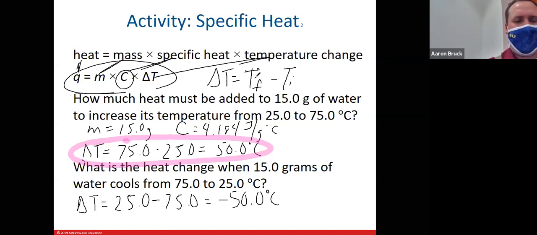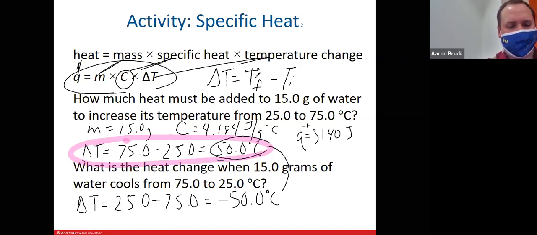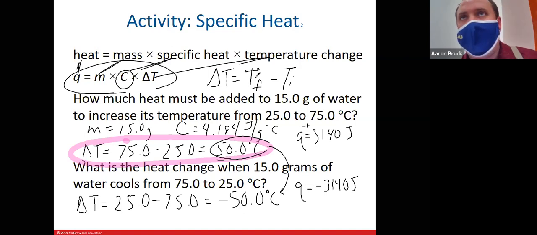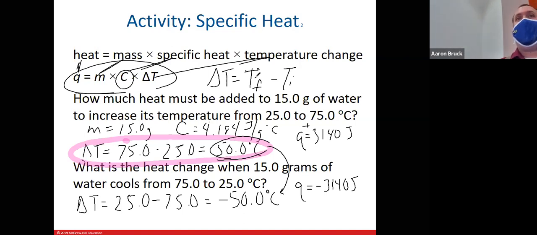which if this Q value was 3,140 joules in the positive direction, since the only thing that changed is that this positive 50 turns into a negative 50, the only thing that'll change here is that this will be a negative 3,140 joules. Again, here's where we show that sign convention.